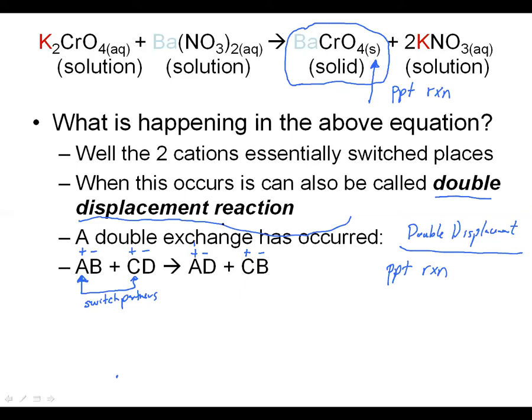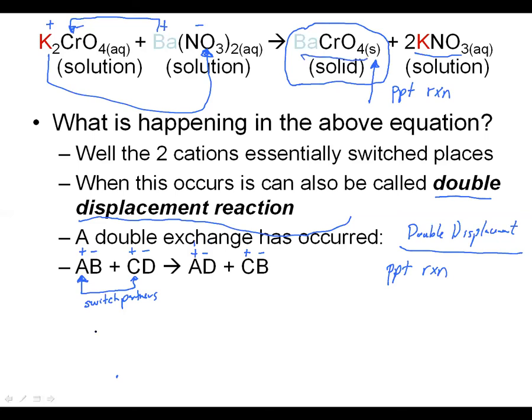And basically what happens is the potassium hooks up with the negative guy over here, which is the nitrate. And that's how we get potassium nitrate. And then our other positive guy, barium, connects with our chromate and makes our second ionic compound on this side. So our two positive guys switch partners.